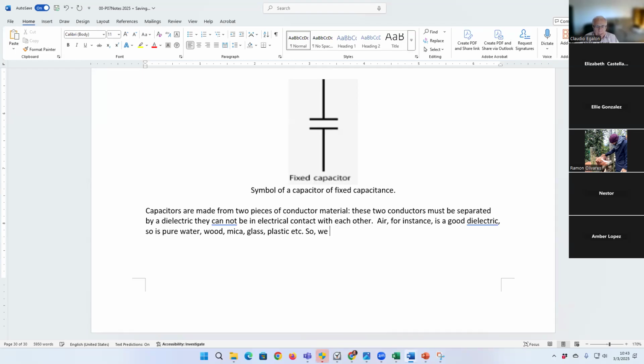So we have three elements only for a capacitor: two metal devices and one dielectric medium separating the two metals. Okay, keep that in mind, so you can have a very good picture of a capacitor.